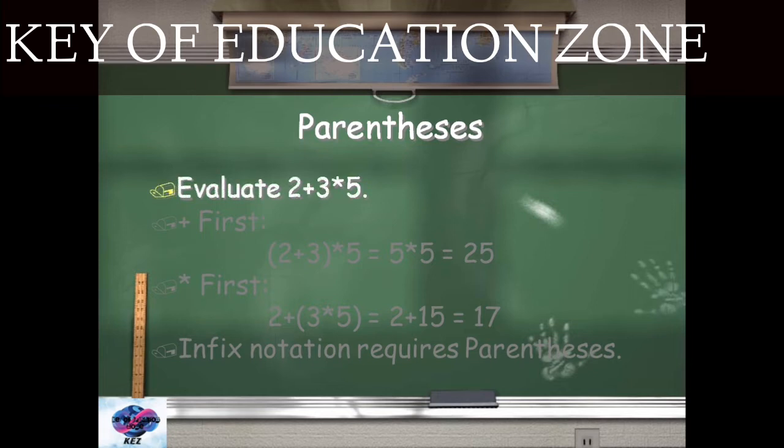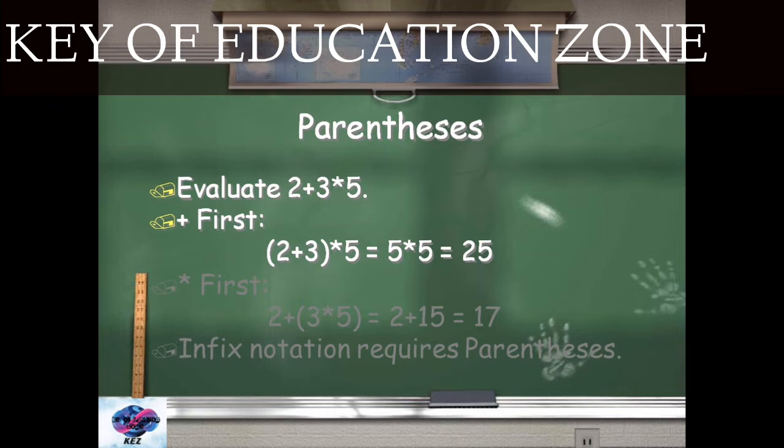If the parenthesis is there, suppose it is given 2 plus 3 multiplied by 5. Now if the bracket is there, first I am considering 2 plus 3, multiplied by 5. So what will happen? 2 plus 3 is 5, multiplied by 5, that is 25. Now if the bracket is not there, that means the bracket is 2 plus, then the bracket starts, 3 into 5.